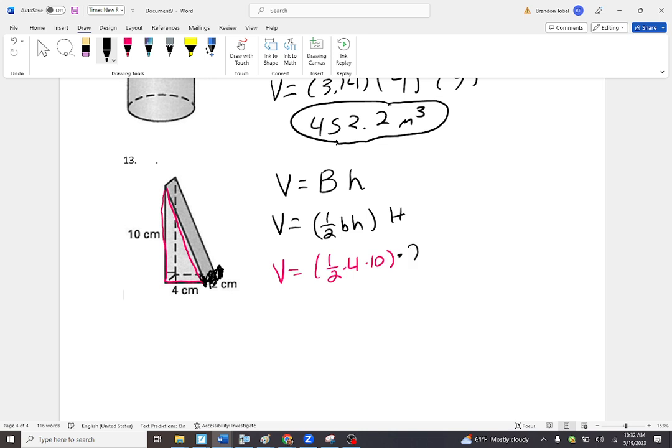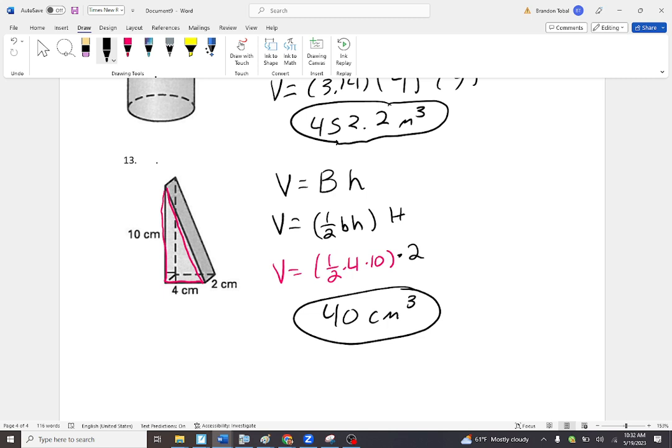So the height is 2. It's the little 2 over there. Now, lucky for us, because you're multiplying, technically it doesn't matter too much if you mess up the order. So you type that in your calculator, you'll get 40 centimeters cubed.